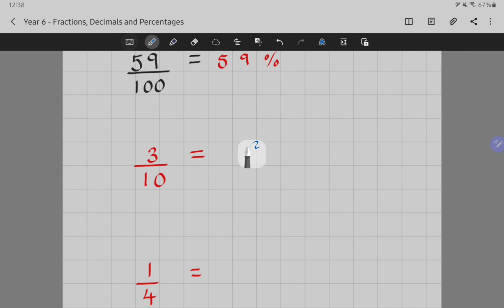Yep, so just like we've done in other lessons, we're just going to find an equivalent fraction where I can turn it into 100 on the denominator. So 10 times 10 and 3 times 10. Okay, this would now give me 30 hundredths.